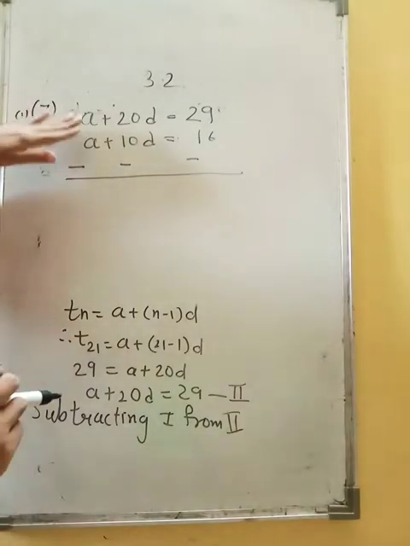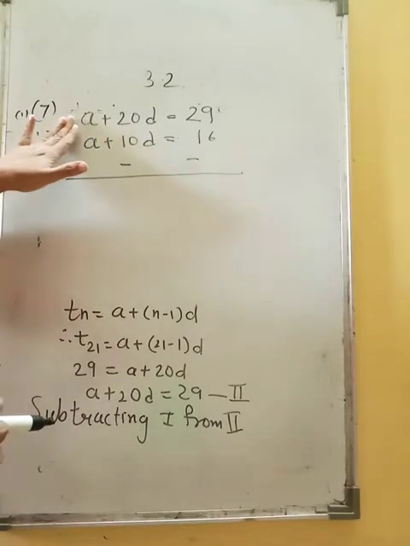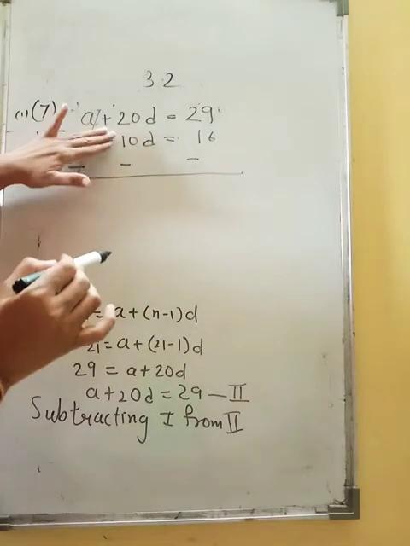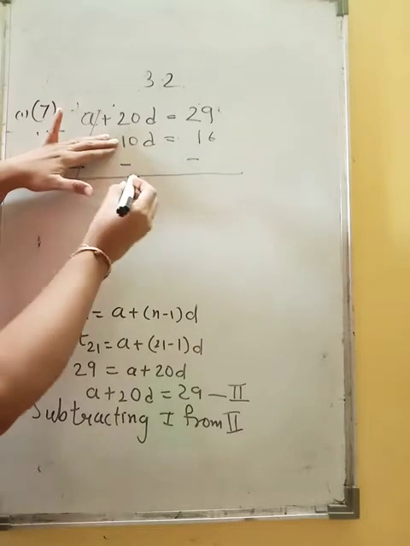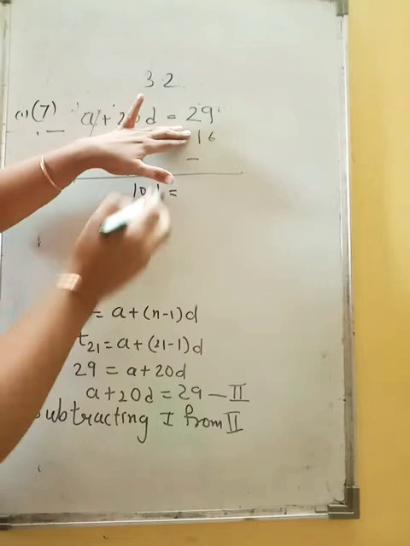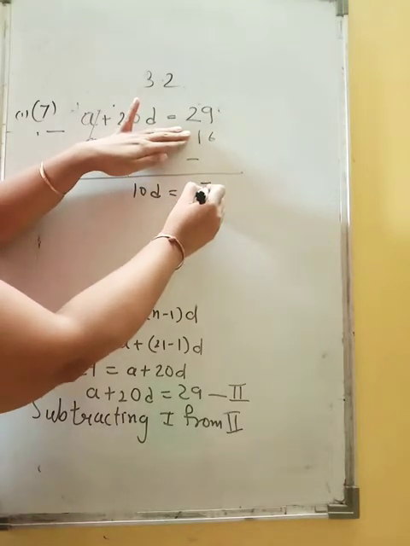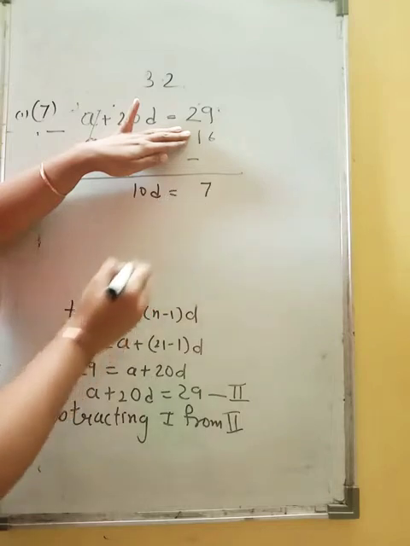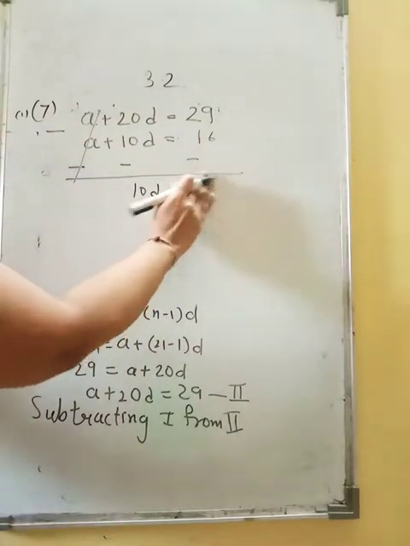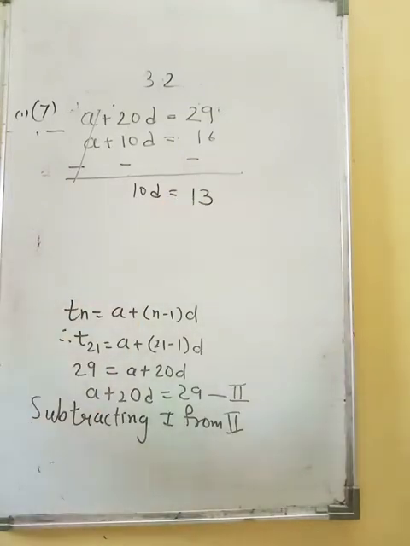The middle sign we will forget, no problem. So A minus A will get cancelled. 20 minus 10, it will become 10. So 10D is equal to now 29 minus 16. So what will it be? 9 minus 6 is 3 and 2 minus 1 is 1, so 13. So we have here 13.